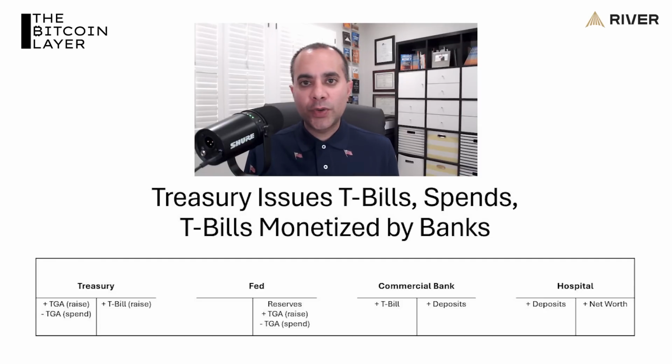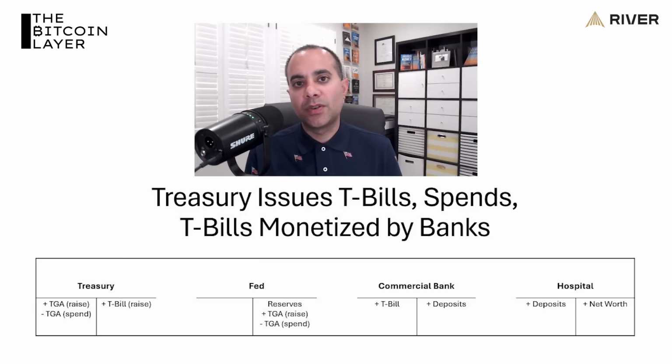So when the Treasury spends money, what you automatically have happen is that the quantity of reserves in the system goes up because the Treasury's general account is on the Fed's balance sheet. But in this example, we have the Treasury raising money and then spending it right away, doing what to reserves?